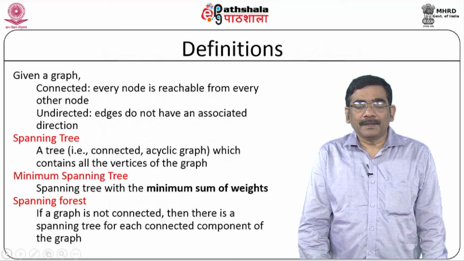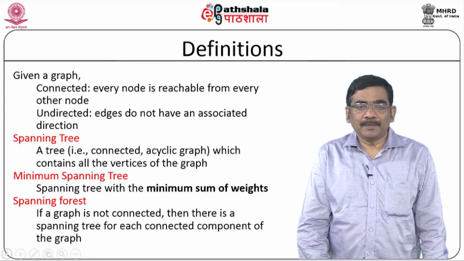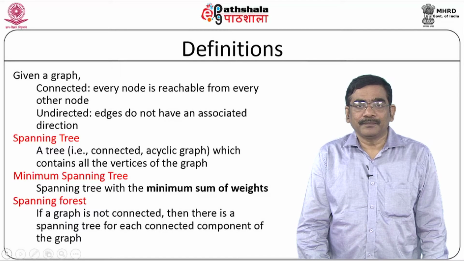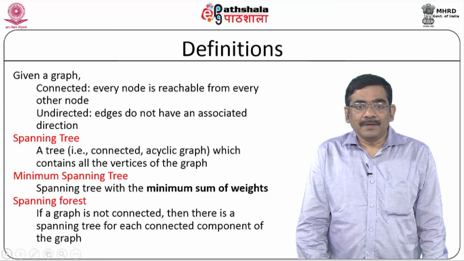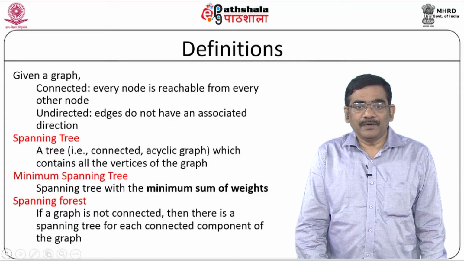So, the main objective of this particular module is to introduce the concepts of spanning tree. So, let us review some of the basic definitions that are required in order to understand these two algorithms. So, connected graph means every node is reachable from every other node.